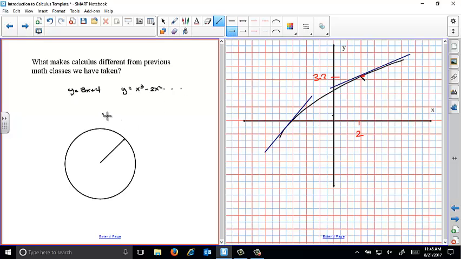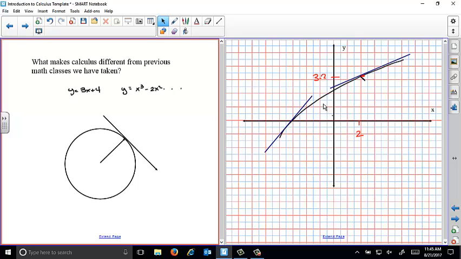And then we had a line which we call the tangent line. And the tangent line intersected the circle at one point. So here it's not tangent, here it's intersecting more than one place. Here it's just touching one place. And for a circle, the radius to a certain point on the circle and the line tangent to the circle are perpendicular to each other.